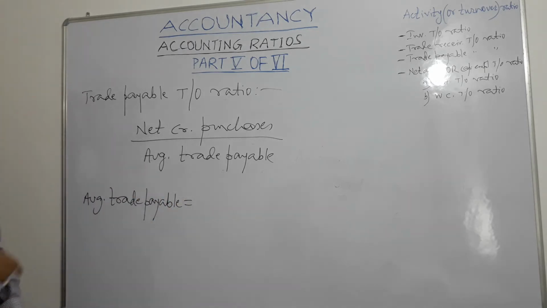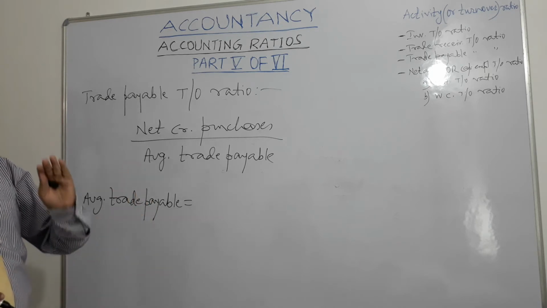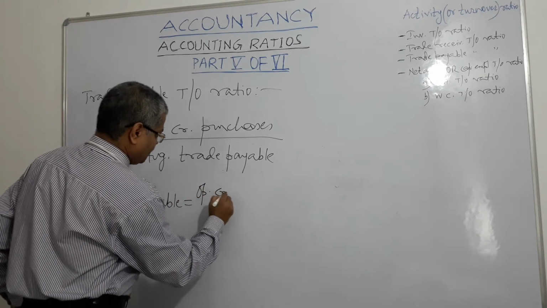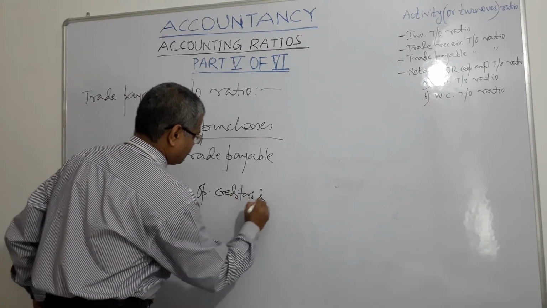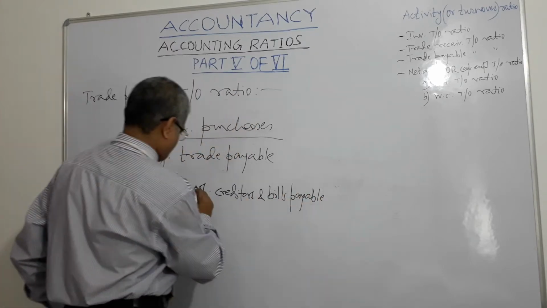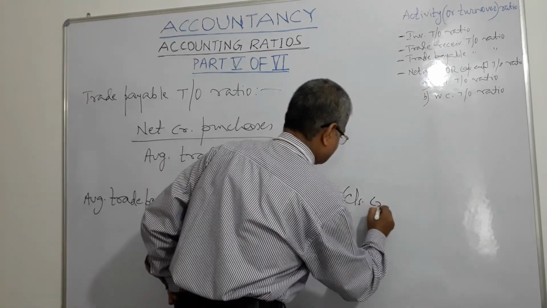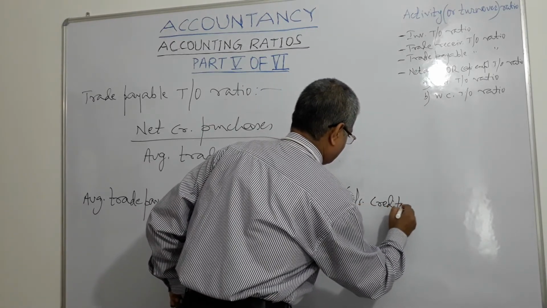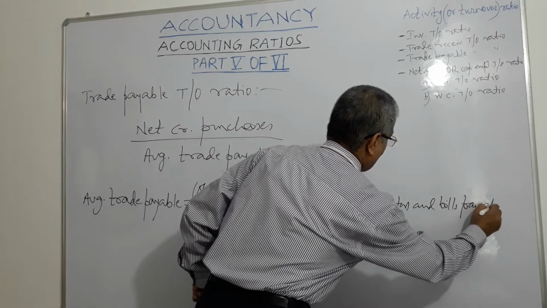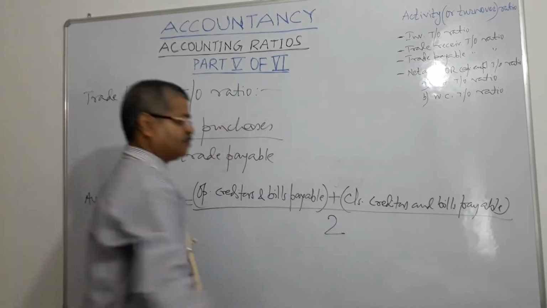We have just now discussed average trade receivables. So it is also in the same way. Opening creditors and bills payable plus closing creditors and bills payable divided by 2, arithmetical average, right?